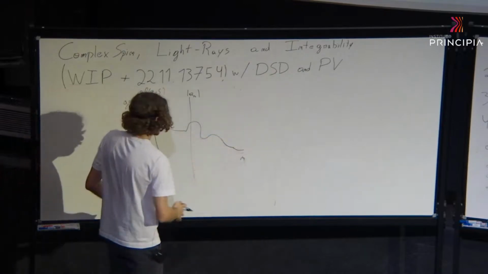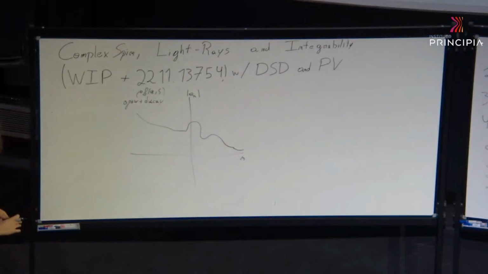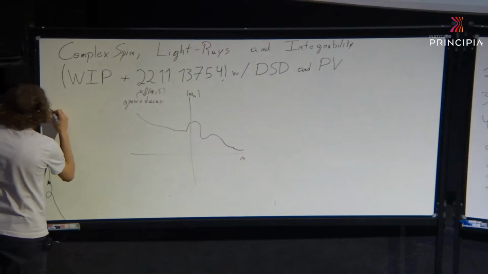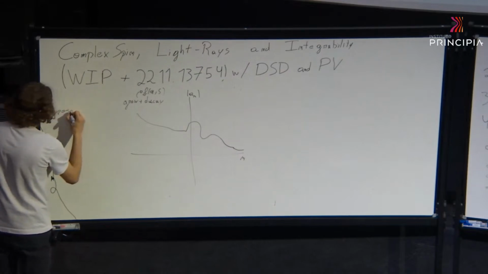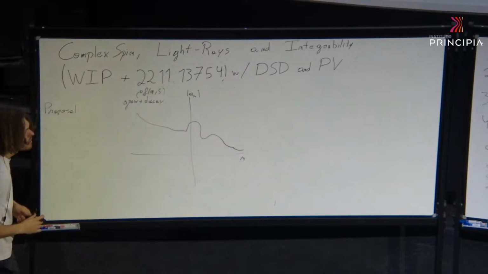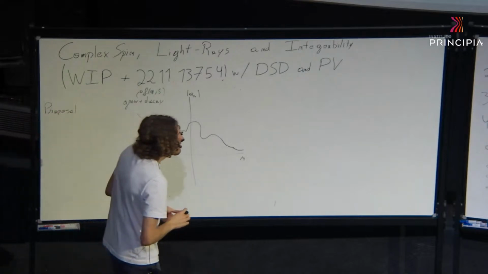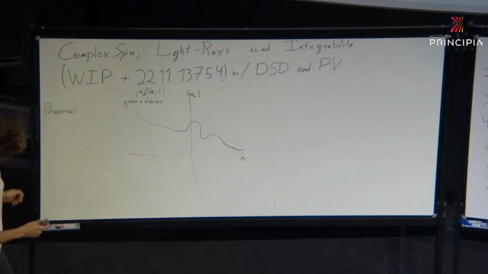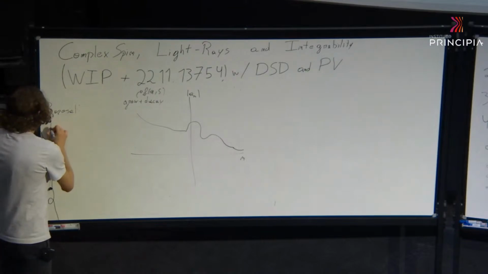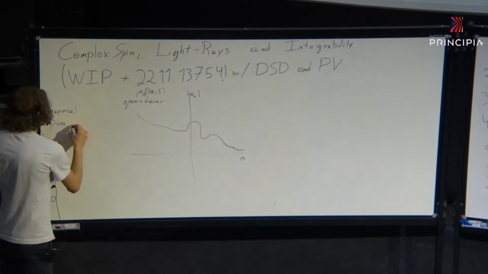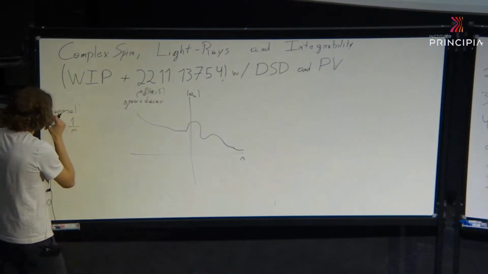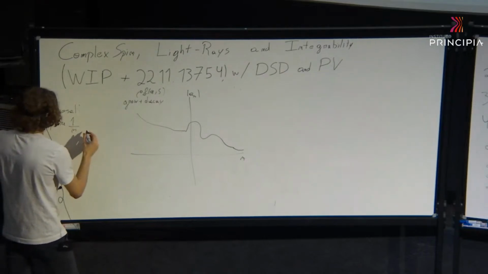Now here's a proposal. The proposal is that the light ray operators that continue the CFT data appropriately, or they continue the light transforms, are precisely the pure solutions with 1 over n asymptotics in Fourier space.